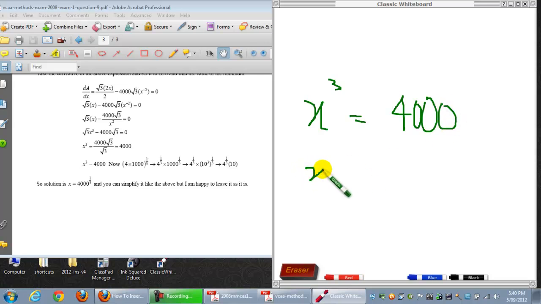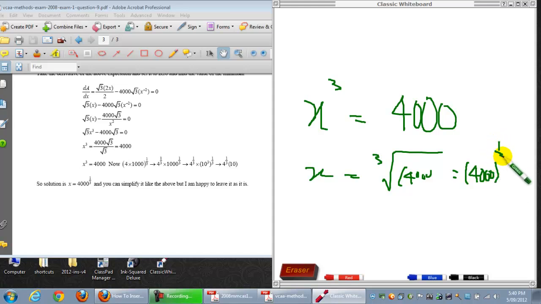When you do the x, this becomes the cube root of 4,000. In other words, my writing is deteriorating. That means 4,000 to the 1/3. If it was square root, it would be 1/2. So that's where I got that expression.